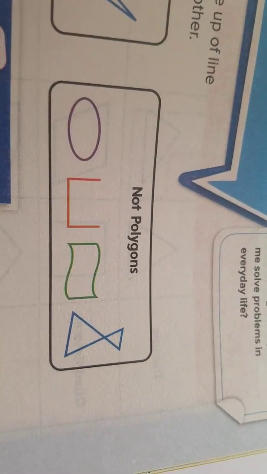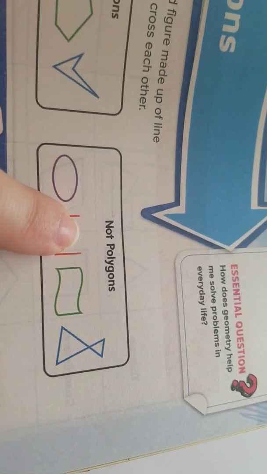Take a look at not polygons. Ovals and circles, they are not made from straight lines. The orange figure there has a huge gap in it at the top. The green one has, again, two lines, the top and the bottom, that are not straight lines. They're wavy. And this one right here has two line segments and they cross each other.